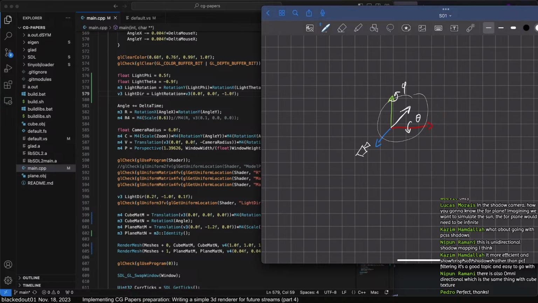And now if we rotate the light camera system, then this vector here, okay, let's see. So this is the direction in which we would look if we would use this as a camera matrix. And because we want to render the scene from the perspective of the light, this is basically the same as the light direction. And yeah, so if we rotate this with the camera matrix of the light, then we also get the real light direction in world space.